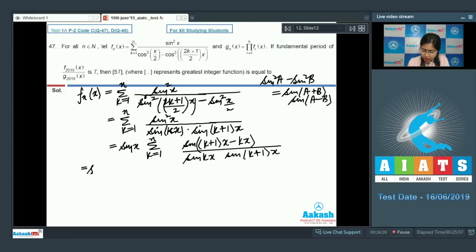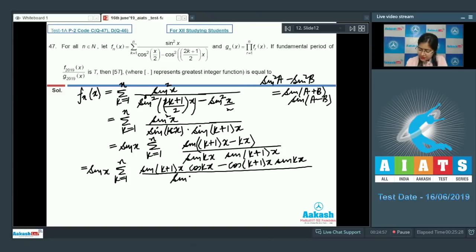So this is further equal to sin x into summation of k from 1 to n. See, sin of (a minus b) is equal to sin a cos b minus cos a sin b. Right? And in the denominator we have sin kx multiplied with sin of ((k plus 1) into x).